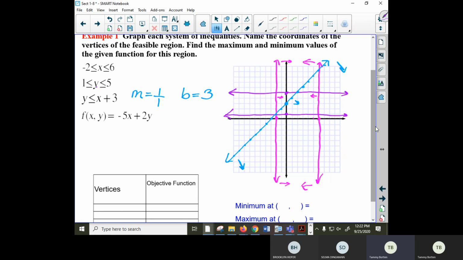And we want our shading to be, I should have talked about this when I did the horizontal lines. If our y needs to be between 1 and 5, that means it's going to be between these two horizontal lines. So we're below this line, above this line, to the right of this, to the left of this. Do you kind of see where it's going to overlap?